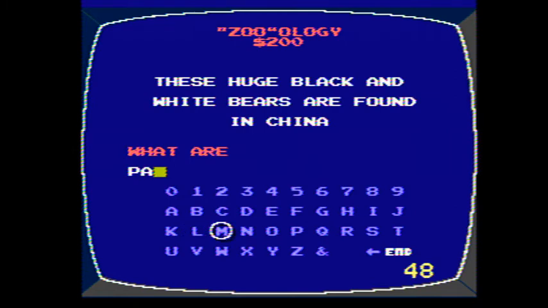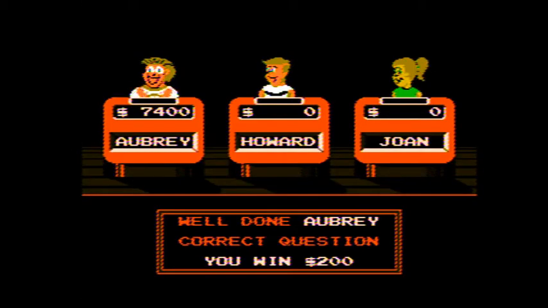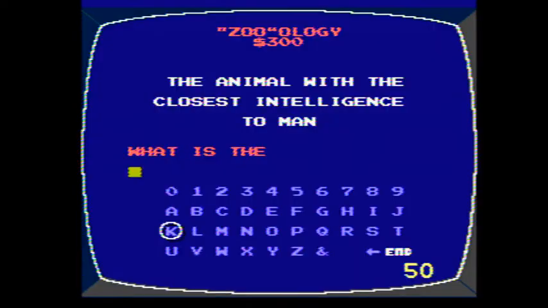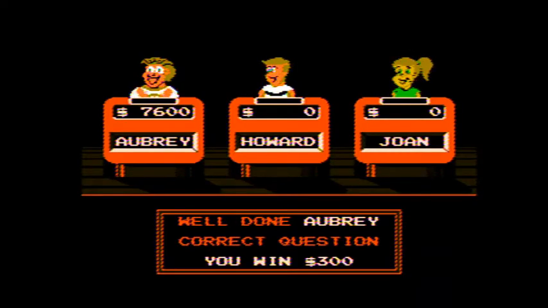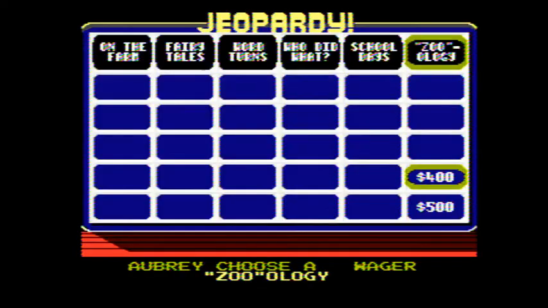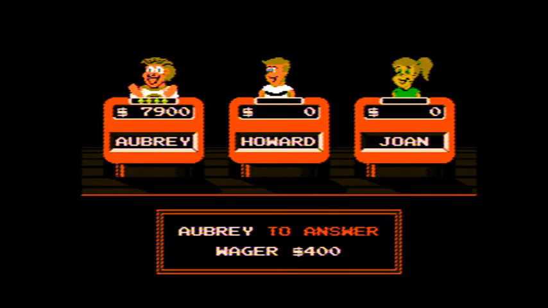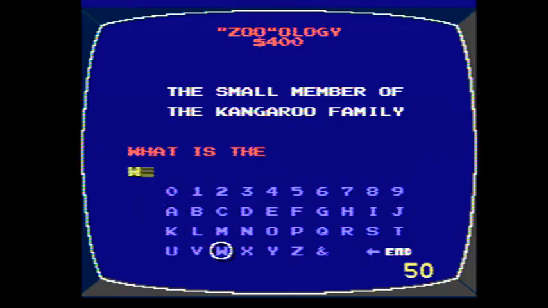What are pandas? $300. The animal with the closest intelligence to man. What is a monkey? 400. The small member of the kangaroo family. What is the wallaby?